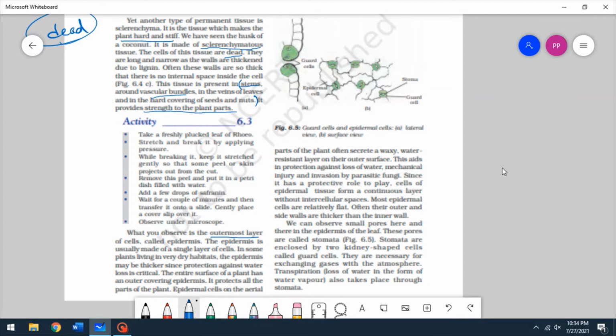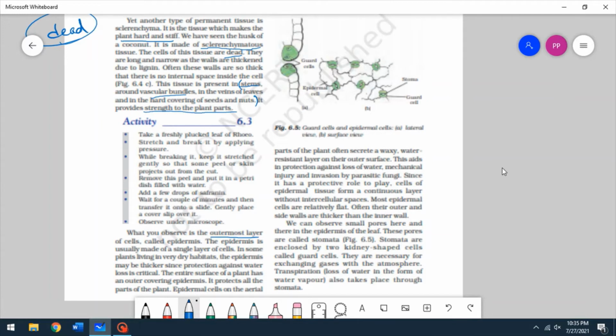Alright, epidermis is like human skin. We go to a dermatologist for any skin related issues. Dermis means skin. Epidermis for plants is like the skin to humans.